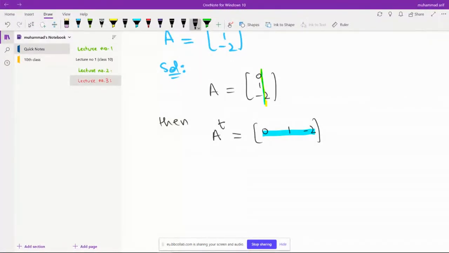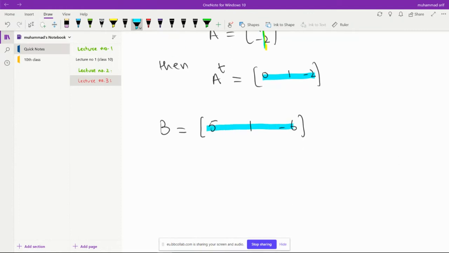Now, the second matrix is the matrix B, which is 5, 1, -6. In this matrix, we see that there is only one row.